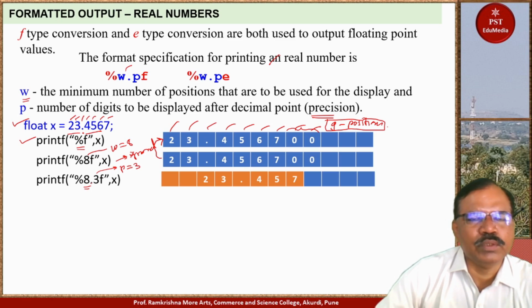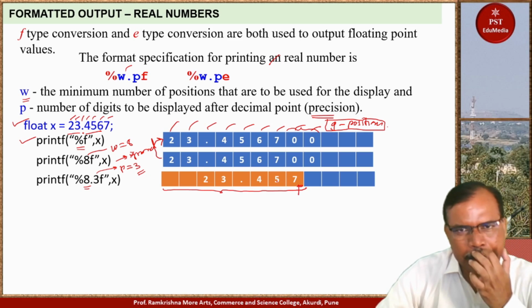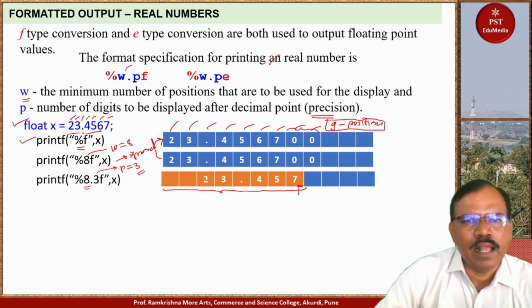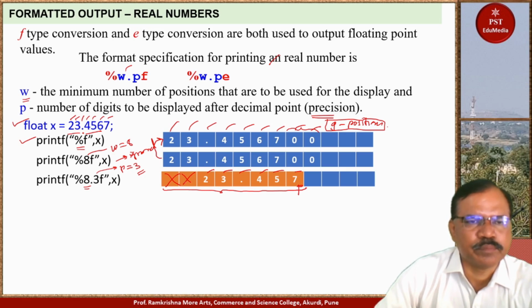There are 8 positions reserved, out of that 6 are used, so it is printed like this. These 6 positions are used, but since p is 3, it will take 3 decimal places only. So the number is rounded up, and 6 places are used, and the initial 2 will remain vacant.